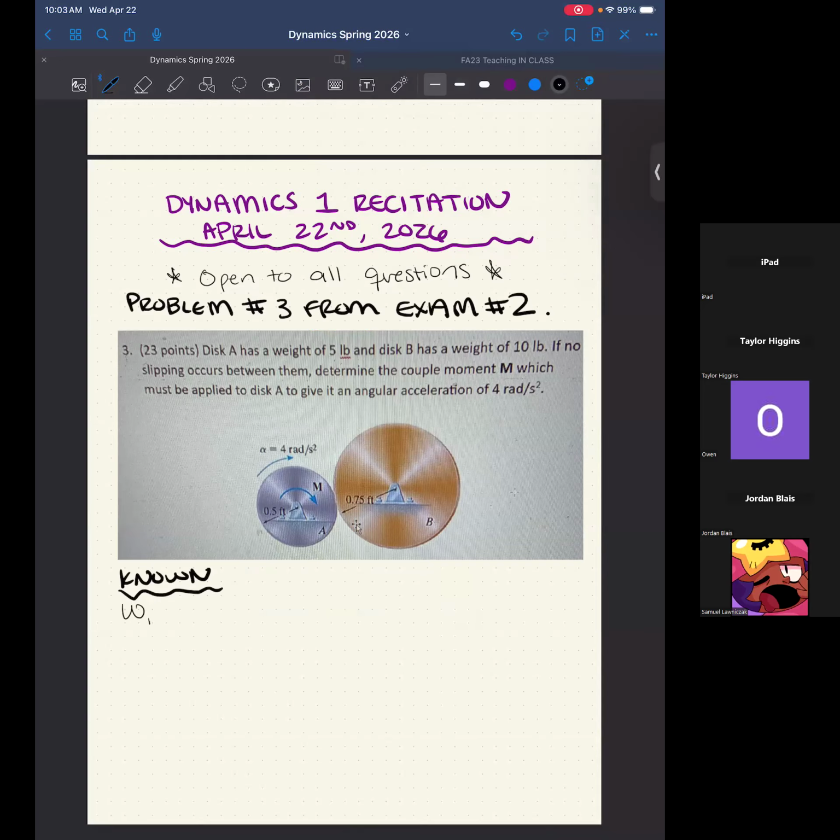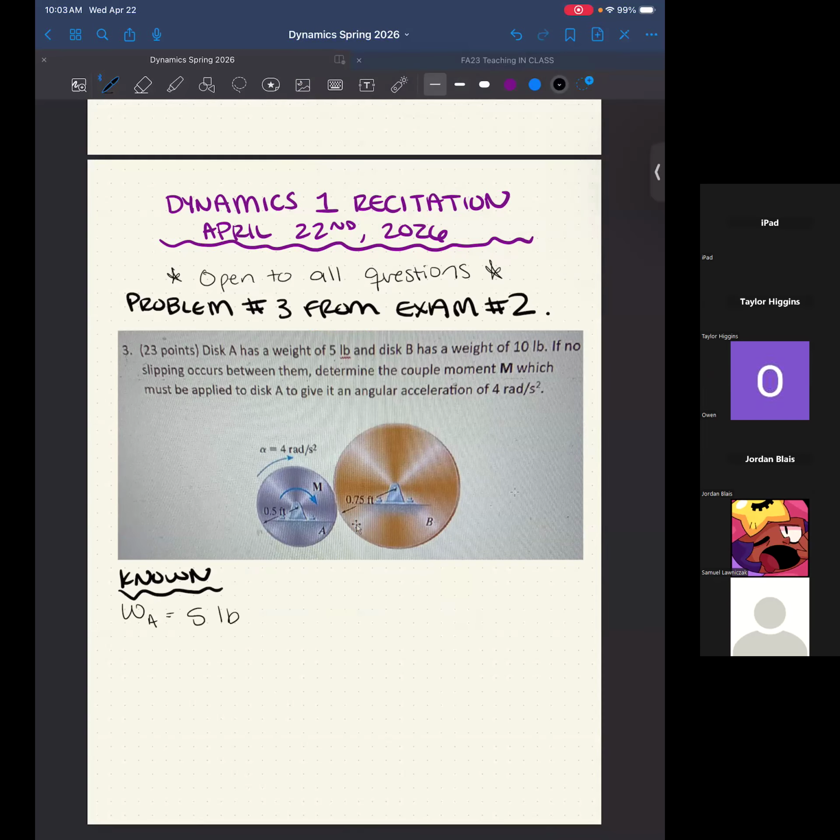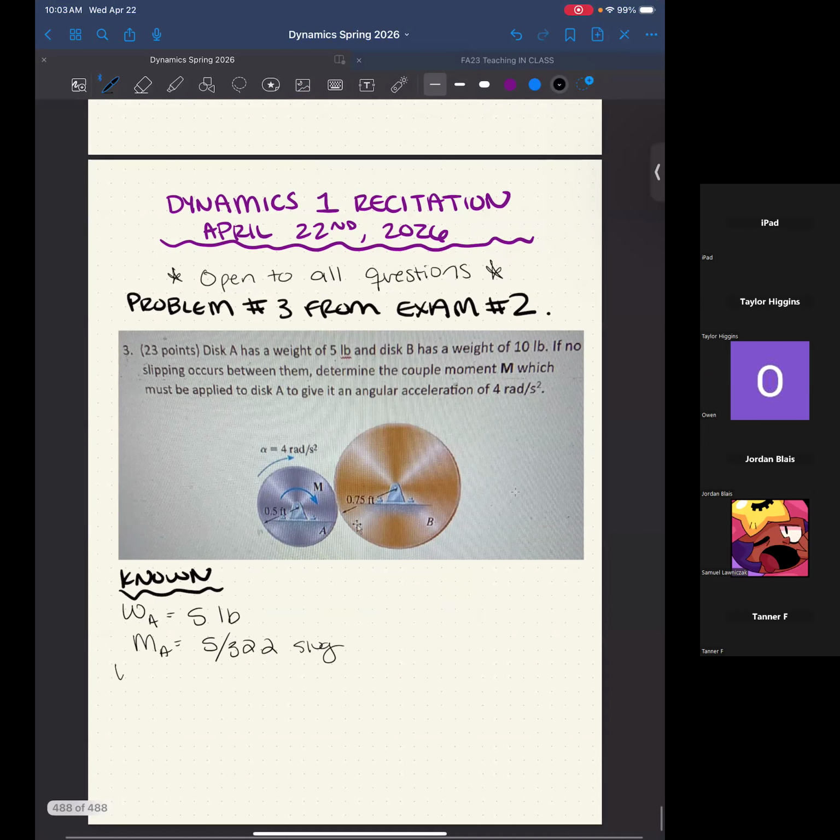Weight of A is 5 pounds, which means mass of A is 5 over 32.2 slug. Disc B has a weight of 10 pounds. Mass B equals 10 over 32.2 slug.